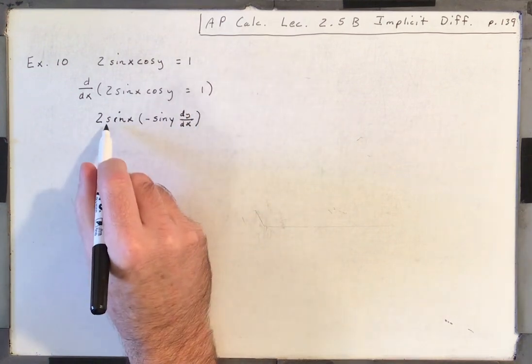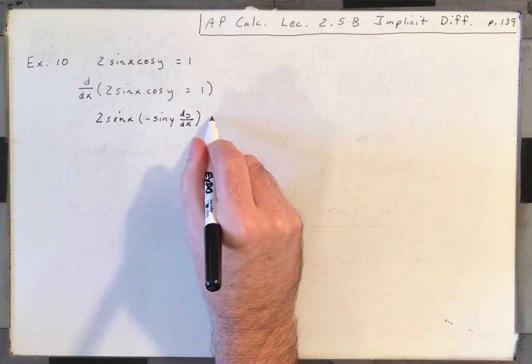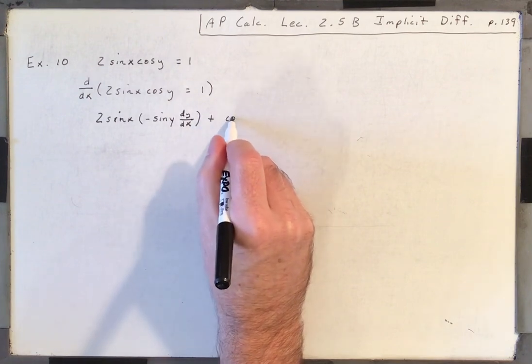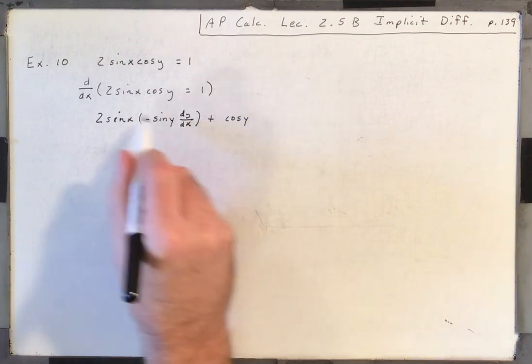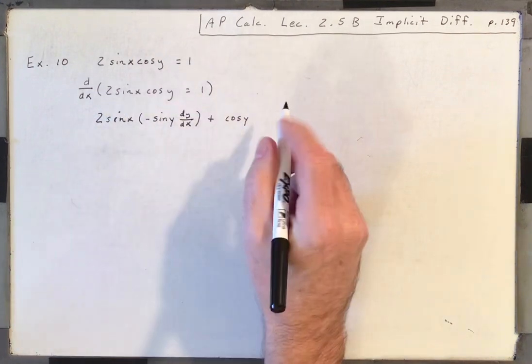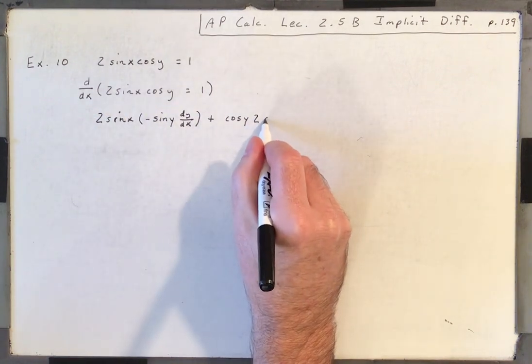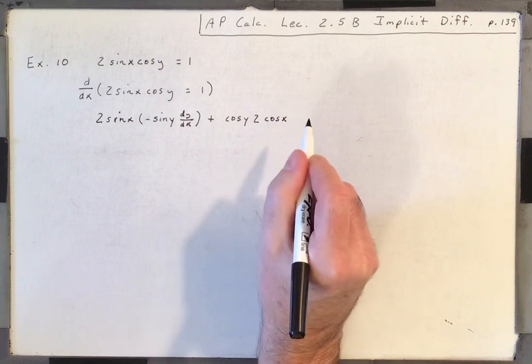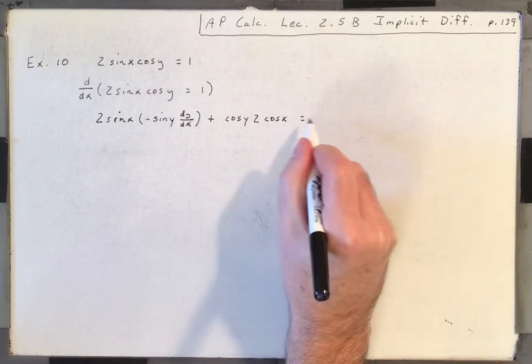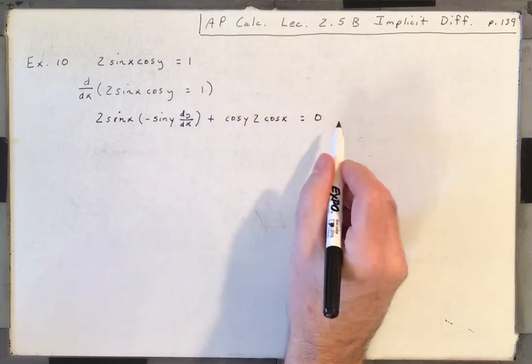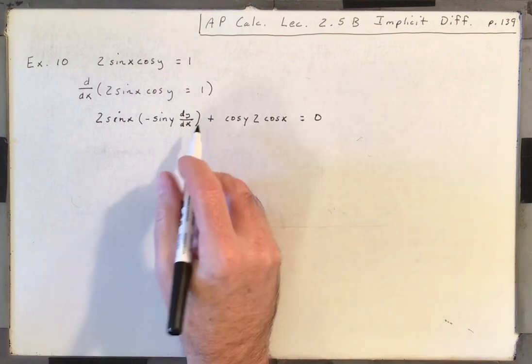So that's the first times the derivative of the second plus the second, cosine y, times the derivative of 2 sine x. That's 2 cosine x, equals 0. The derivative of 1 is 0. Well, let's clean this up.